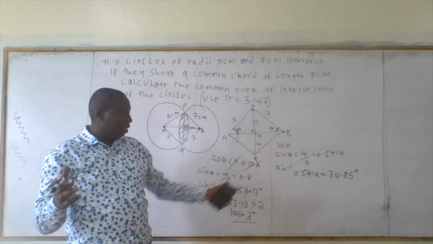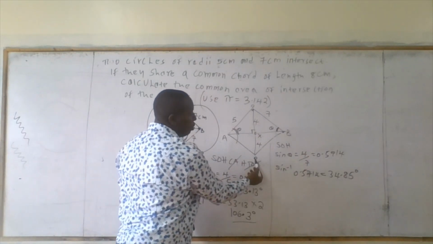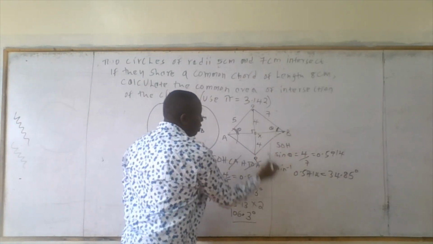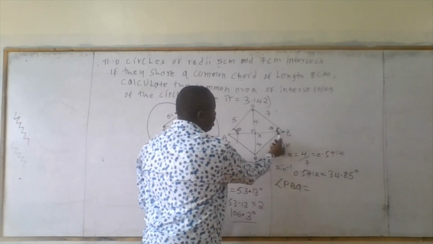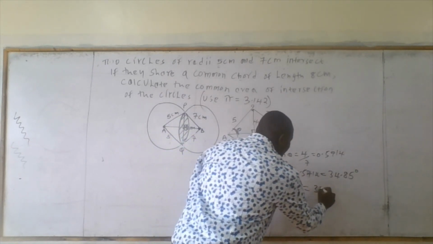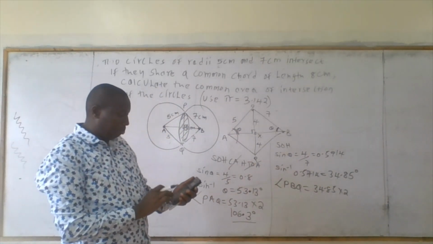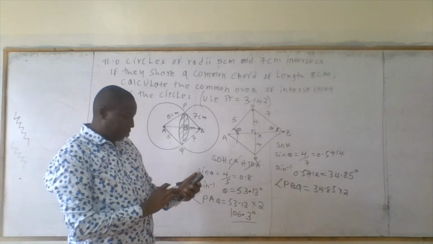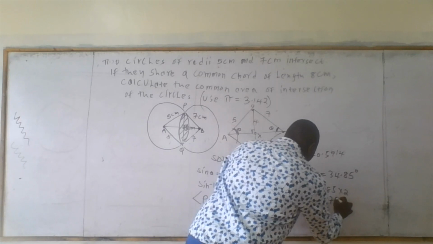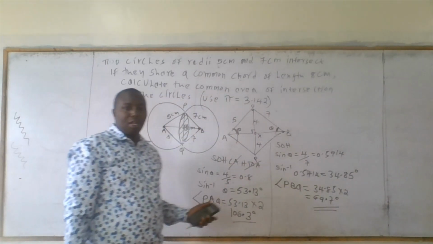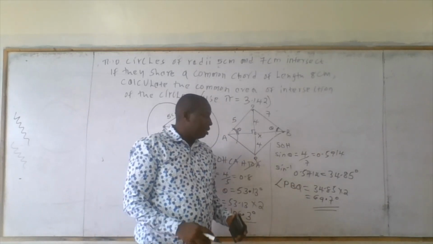Then the next step is to find angle PBQ, because this is PBX. So angle PBQ is twice the angle you have got here, so it is 34.85 times 2. You get 69.7 degrees.